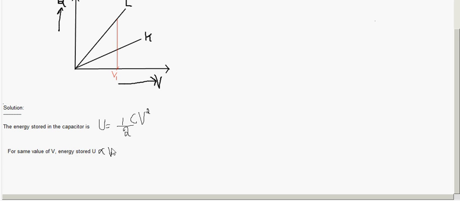Now from the graph, the slope of Q-V gives the capacitance value C, because we have Q is equal to CV. The slope of this graph, which is Q by V, will give you the capacitance value C. So the higher the slope, C will be more.